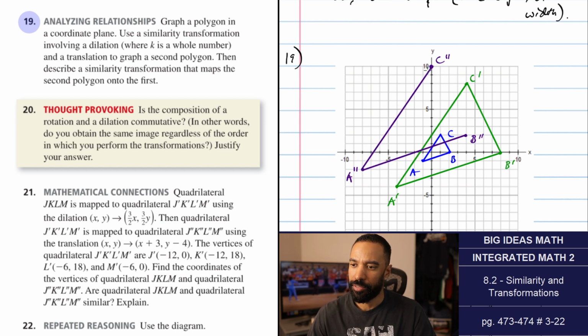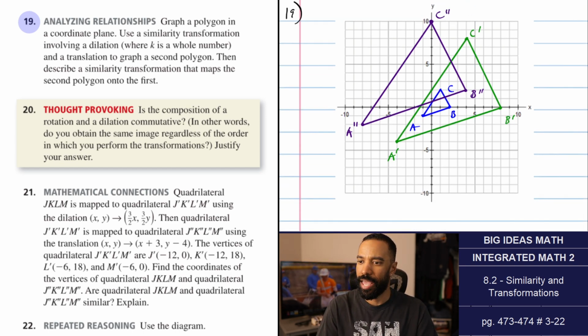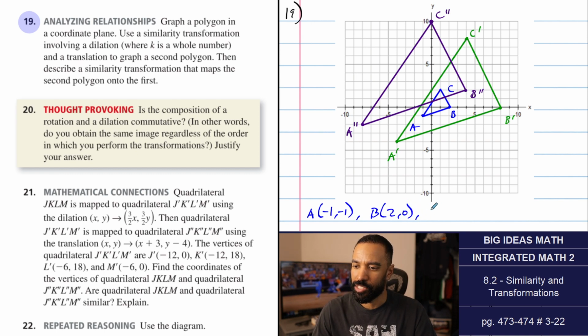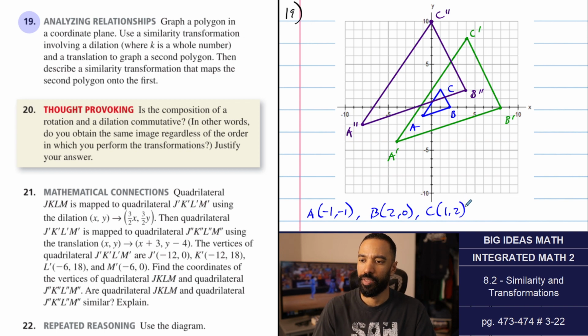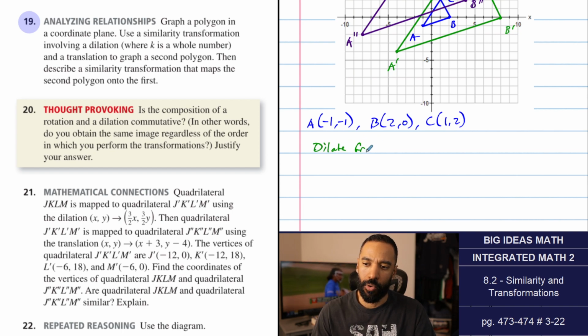So my original set, with all that in mind, I had A at -1, -1. B, see, I could be a textbook maker, at 2, 0. And C at 1, 2. Then I dilated from origin with a scale factor of 4.